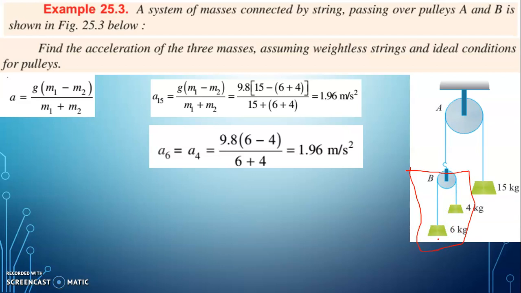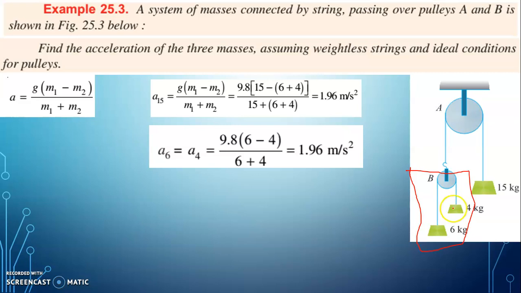So we will be calculating the net acceleration of all three masses. First mass 15 kilogram will be moving upward with 1.96 meter per second square. The 4 kilogram: in total the system is moving upward with 1.96, and from the second system we got 1.96 moving upward. So totally 1.96 plus 1.96, 3.92 will be the total acceleration of the block 4.